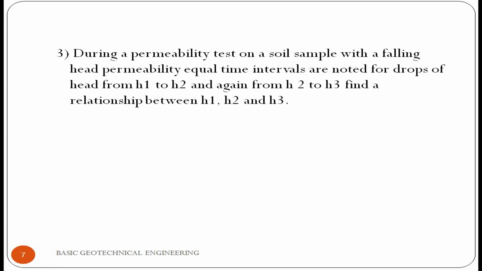So now let us see one more problem. That is, during a permeability test on a soil sample with a falling head permeameter, equal time intervals are noted for drops of head from H1 to H2 and again from H2 to H3. Find a relationship between H1, H2 and H3.